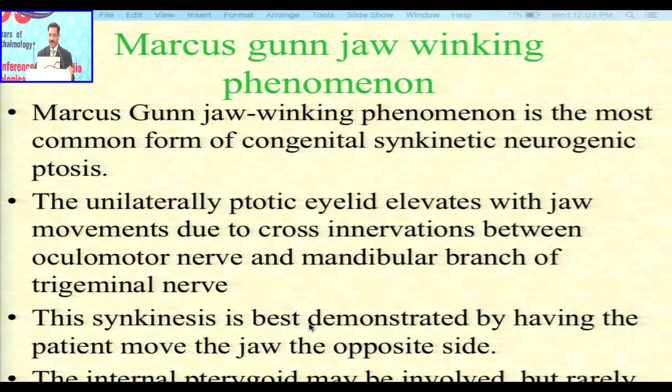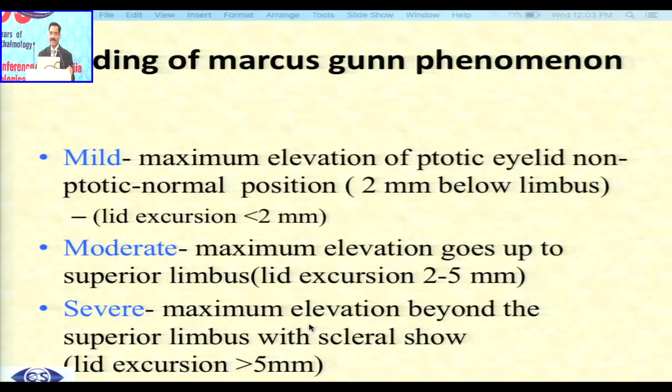Marcus Gunn phenomenon we have already discussed. Grading of Marcus Gunn: mild when lid excursion is 2 mm, moderate when lid excursion is 2 to 5 mm, and severe Marcus Gunn phenomenon when it is more than 5 mm.